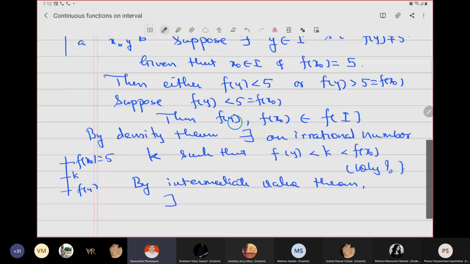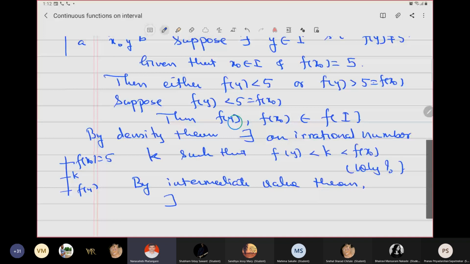For that k, there exists c between y and x naught, or in the domain, such that what? f of c is equal to k.